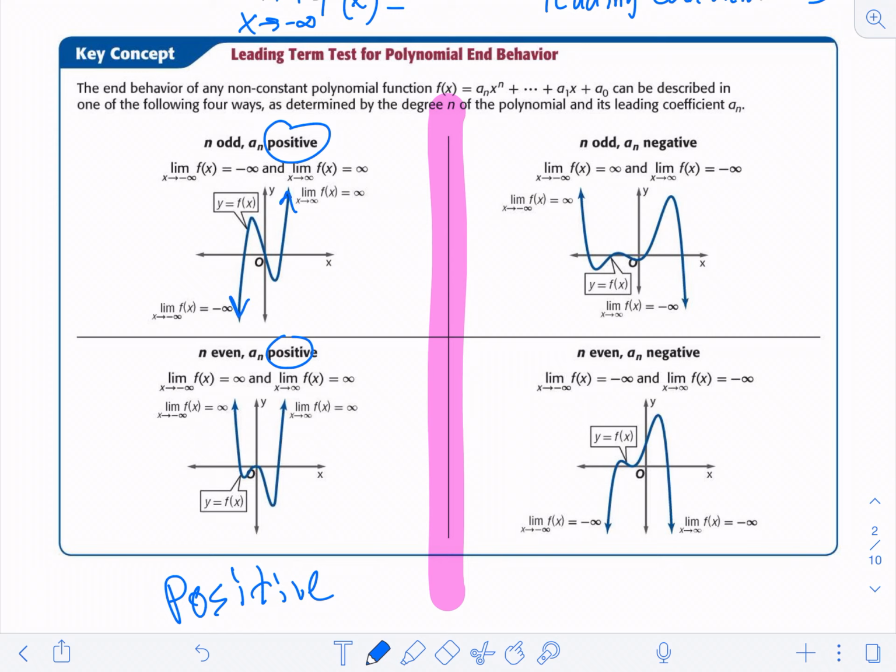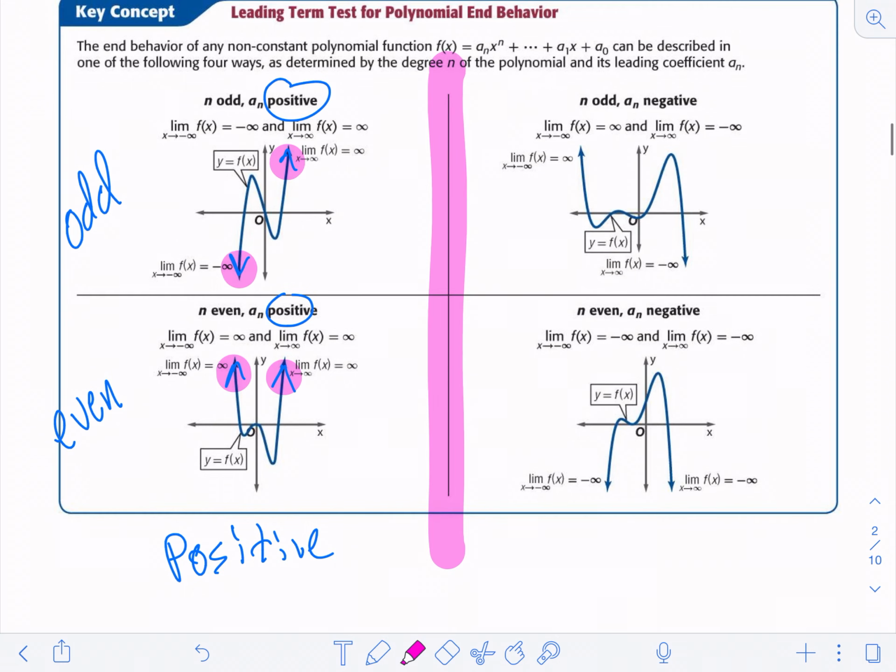And if it's an even exponent, it's going to go up and up. So if my degree is odd, I'm going to have one side pointing down and one side pointing up. If it is an even degree polynomial, then I'm going to have both sides pointing up. And again, this is only when my leading coefficient is positive.